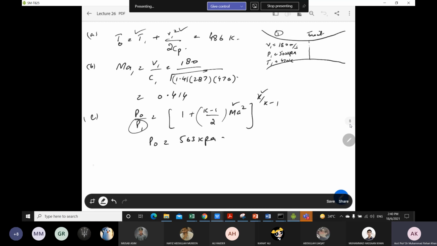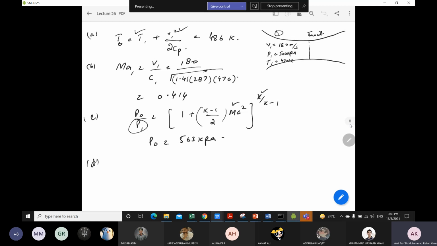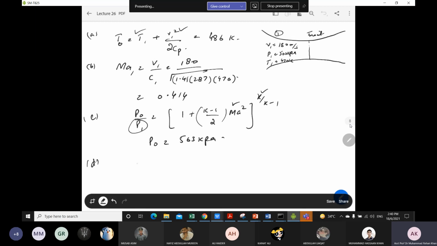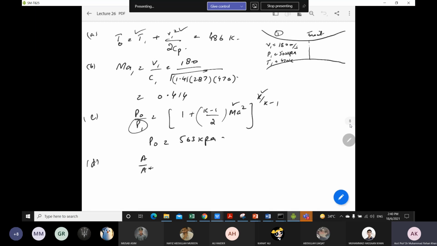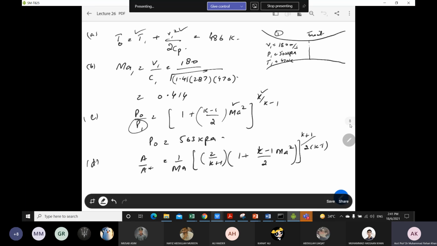Coming towards part D, we already know the relation that A by A star is equal to 1 over Mach, times 2 divided by K plus 1, times 1 plus K minus 1 divided by 2 Mach square, all raised to the power K plus 1 divided by 2 times K minus 1. This relation we already developed in the previous lecture as well.